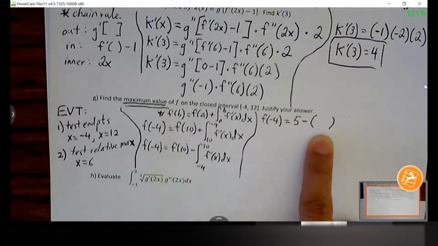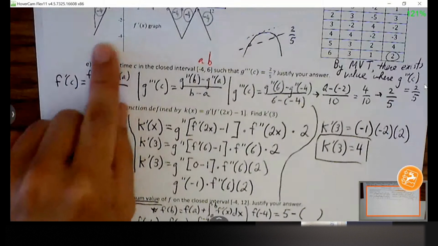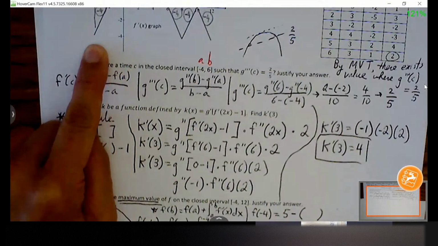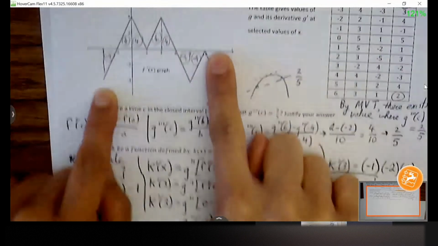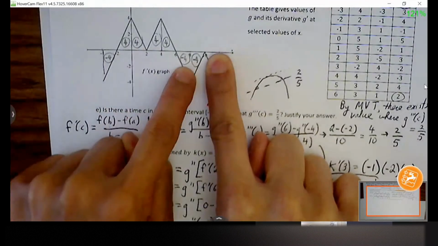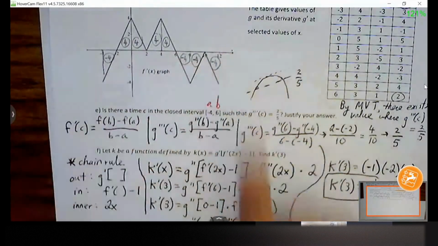Right, accumulation between -4 and 10 is 4. Yeah, -4 plus 8 plus 8 minus 8, just 4.